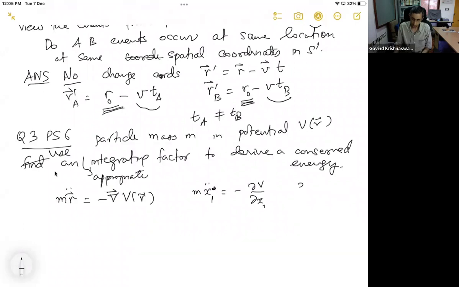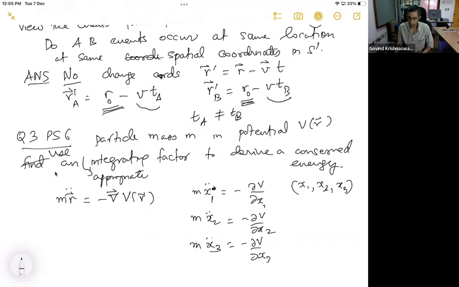So I'm thinking of x1, x2, x3 as the three Cartesian components of the position coordinate. So you will have three equations, m x2 double dot is equal to minus dV by dx2, and m x3 double dot is equal to minus dV by dx3. Now, clearly there are three equations, so you need to do something to each of them.